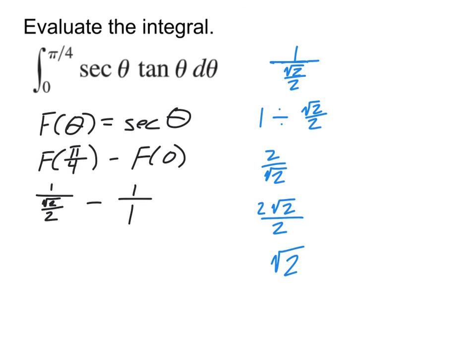This is review from last year, but we haven't had to do it a whole lot recently, so it's good to practice and see. But we end up seeing that equals root 2. And so we're doing root 2 minus 1, which if we're giving our answer in exact form, we'd be done there, because that's as good as we can make it. Or if you want the decimal approximation, that's going to be about 0.414.